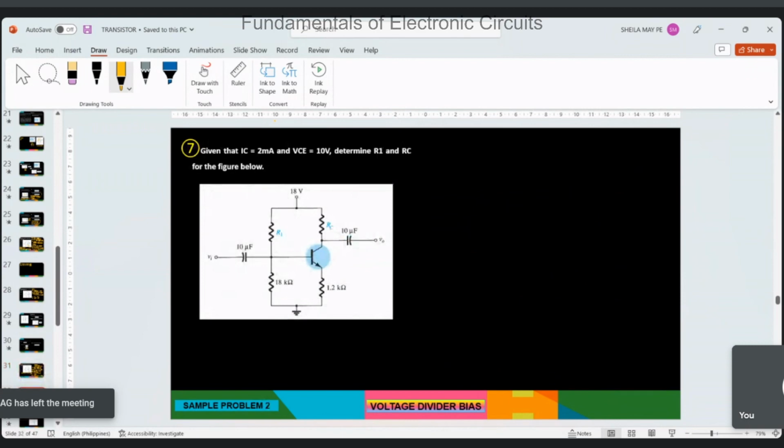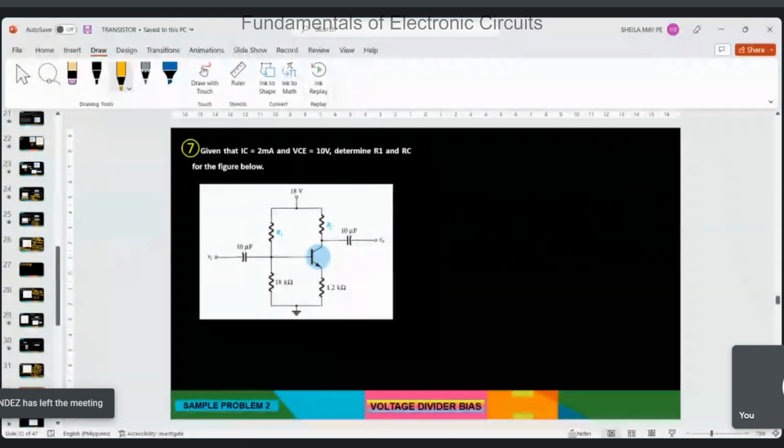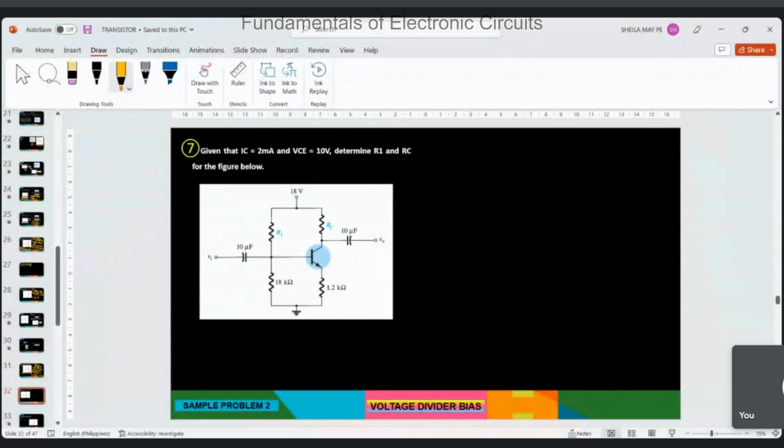Now in here, another example, given that IC is equal to 2 milliamperes and VCE at 10 volts, determine R1 and RC for the figure below.